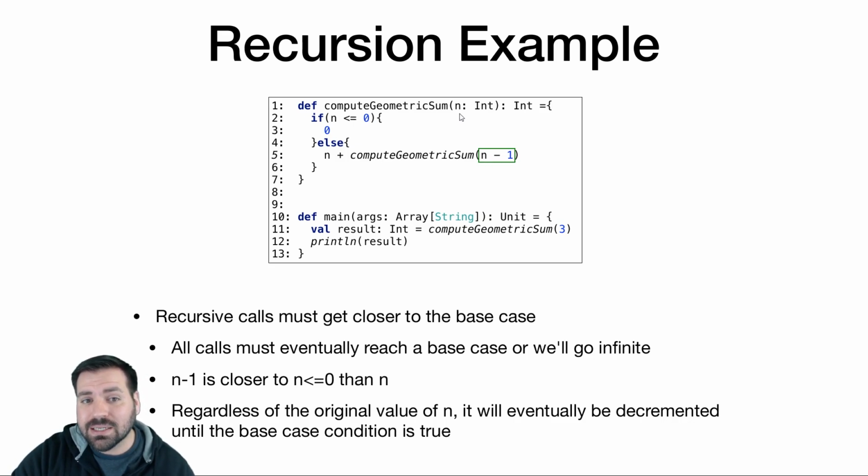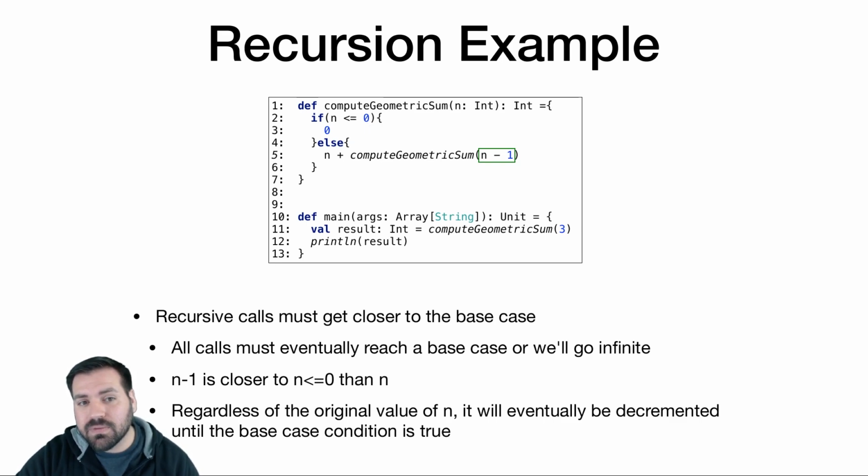So if my input is n, my base case is any n, 0 or negative, and my recursive call subtracts 1 from n, I'm getting closer to my base case. And eventually, I'm going to make a recursive call that hits the base case.